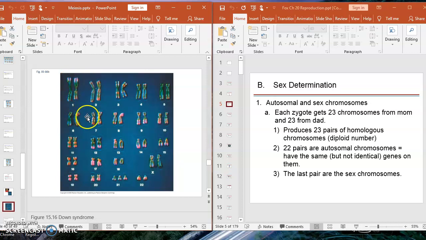So if I put a 1 with a 7, that's heterologous. But this is homologous chromosomes, homologous. The other would be heterologous, and so that's what we're looking at. The 22 pairs are autosomes, the first, and the 23rd are called the sex chromosomes.